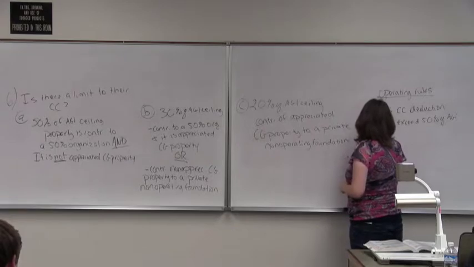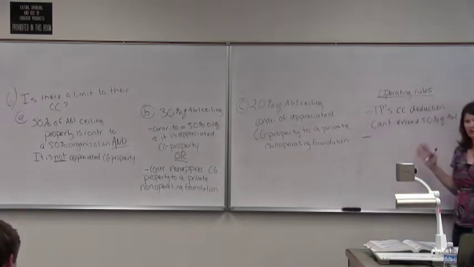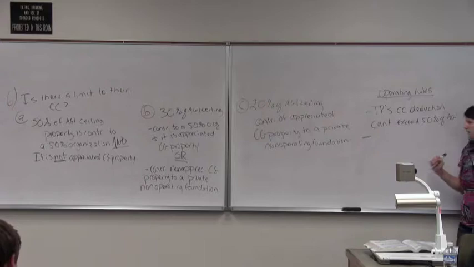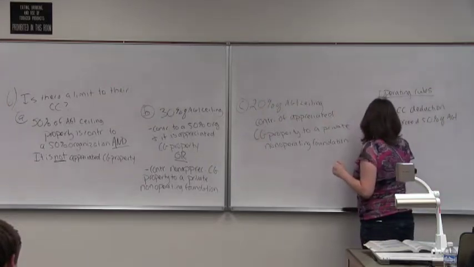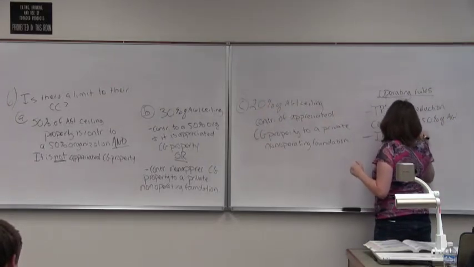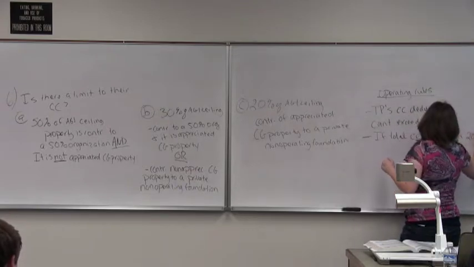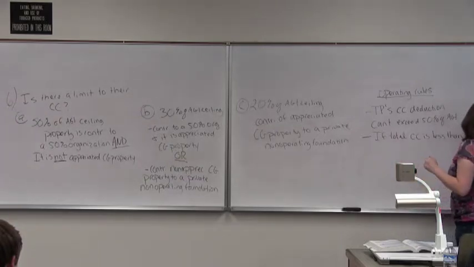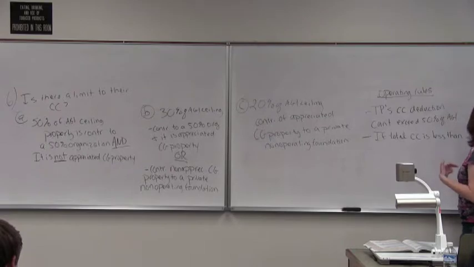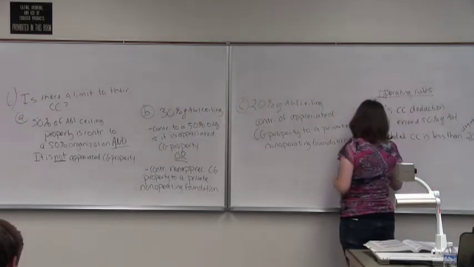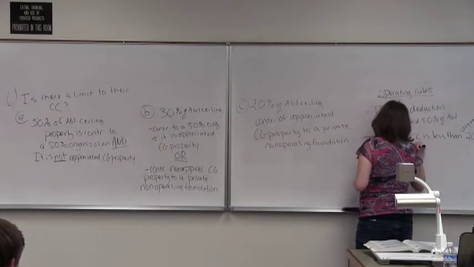The second one is more of like a cheat sheet for you, a way to get around calculating limits. So if the total charitable contribution is less than, it's really less than or equal to, 20% of AGI, no need to do a limit calc.